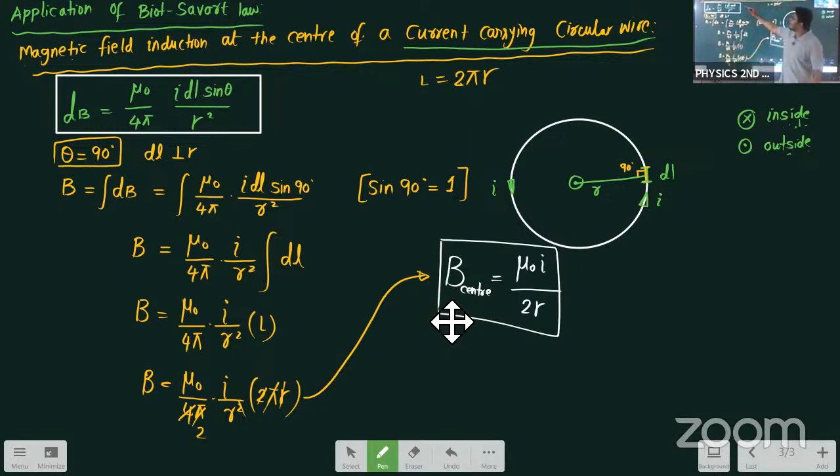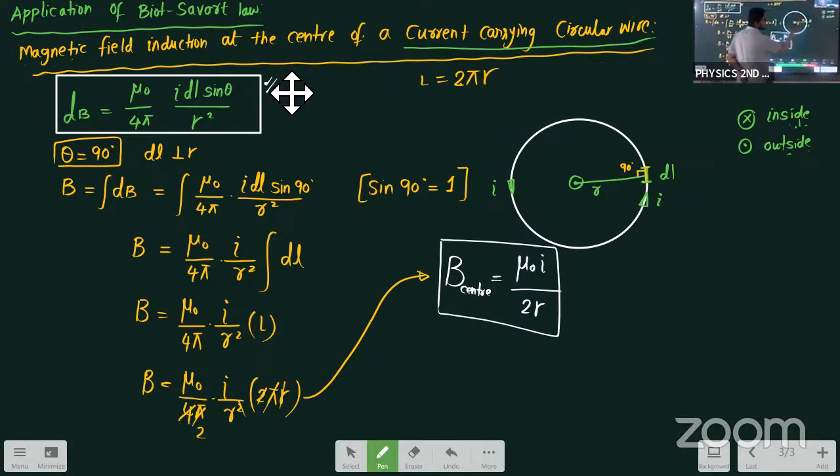First of all, I took the formula for Biot-Savart law. Then I drew the symbol for a current carrying circular wire, and using the right hand thumb rule, I was able to determine the direction of the magnetic field. Curling of fingers represents the direction of electric current and the thumb represents the direction of magnetic field. So the magnetic field is coming outside.